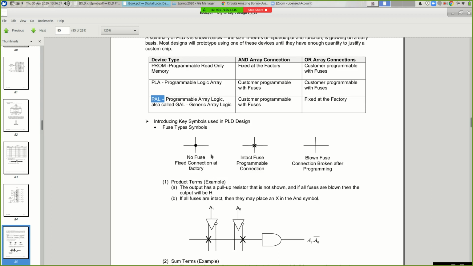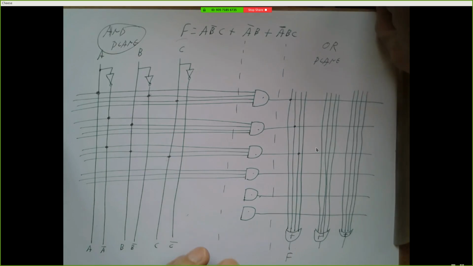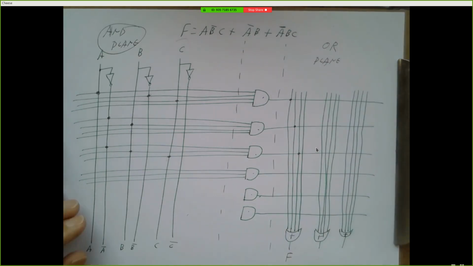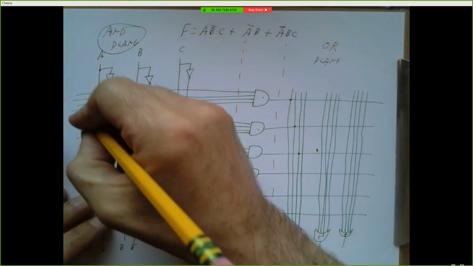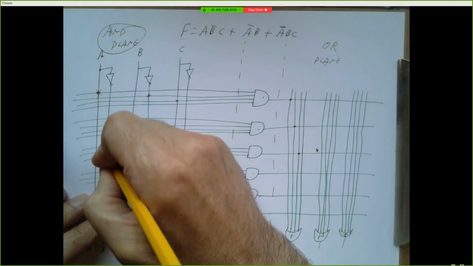So when we draw our pictures, we use a little dot to indicate that there's a fixed connection, right, from the device from the factory. We draw an X where we want to make a connection, and we have just a crossing where there's no connection. So if this was a fuse map, right, where we could program both the AND plane and the OR plane, I would actually indicate these with X's.